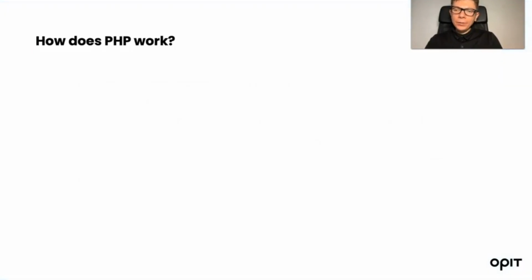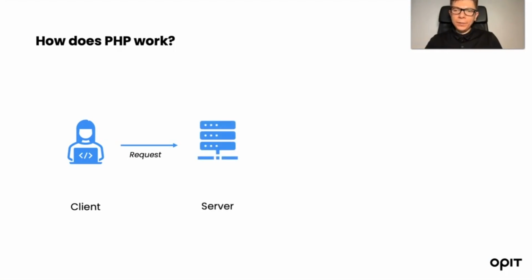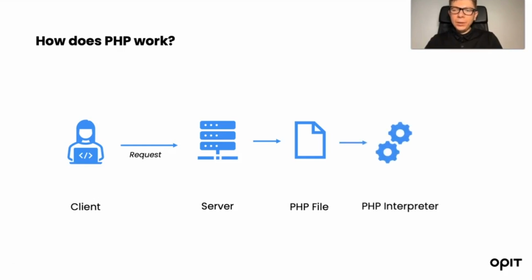How does it work? It starts, of course, with a client who requests some content, and if the web server encounters a document that is a PHP file, usually with a .php extension, it will be sent to the PHP interpreter, which will translate PHP code and generate HTML code, sometimes also querying a database to get additional data.